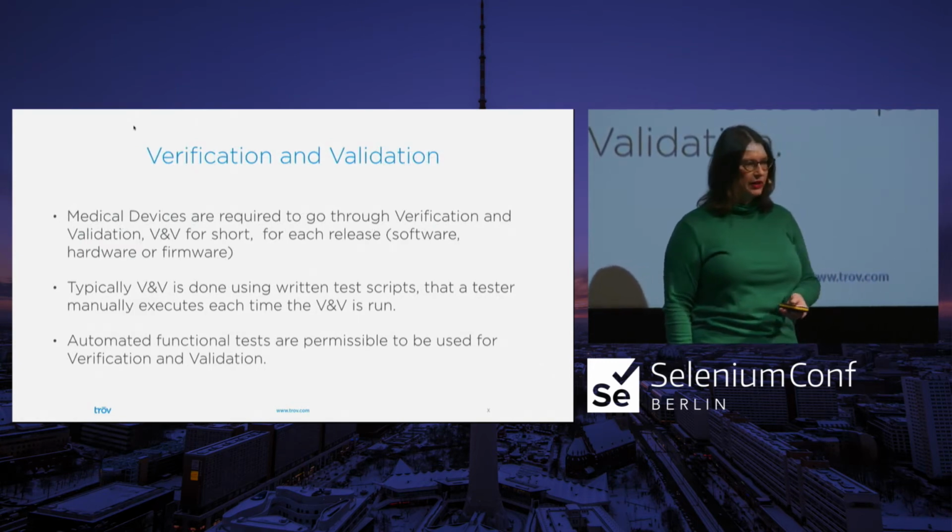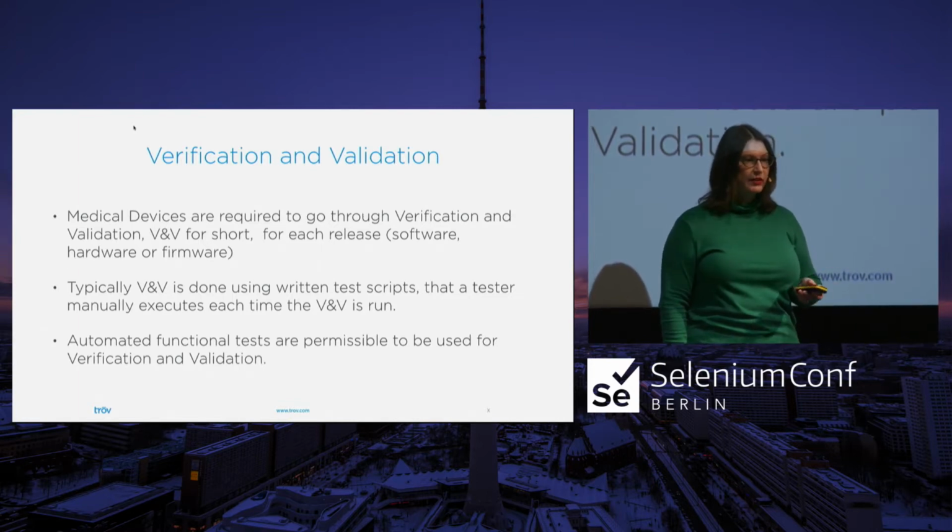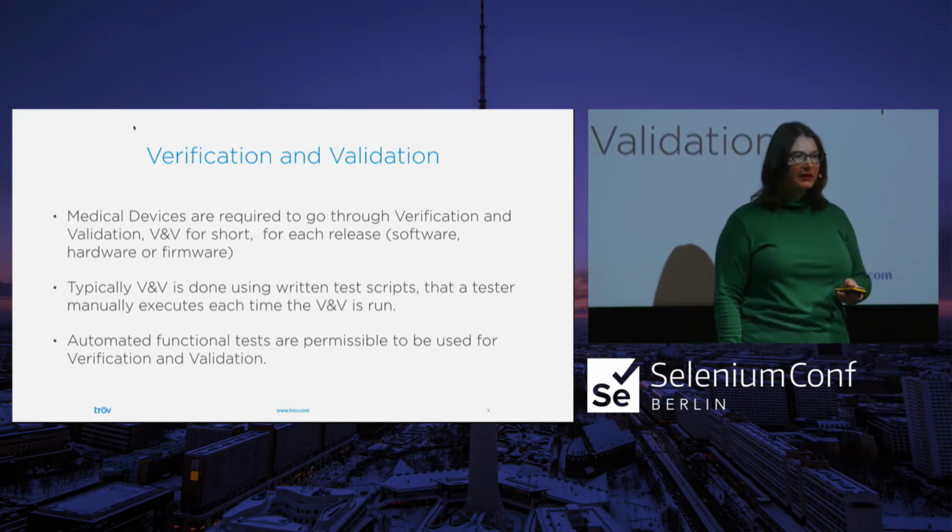Verification and validation. This is the most difficult part of writing medical device software. This is the part where the FDA agrees to approve or not approve your device. This is where you document that your device works as expected.